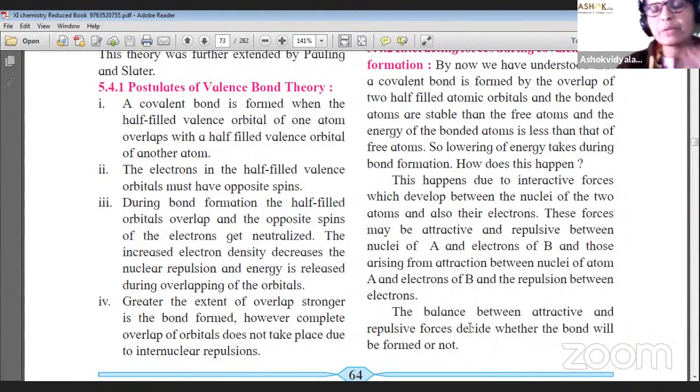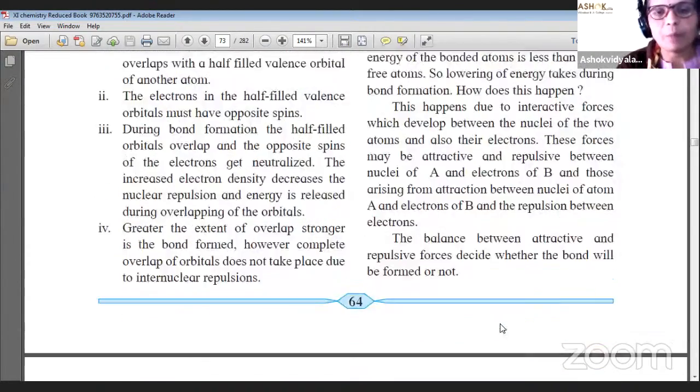The balance between the attractive and repulsive forces decides whether the bond will be formed or not. If the force of attraction is greater, the bond will be formed, and if the repulsive forces are stronger, then the bond will not be formed.